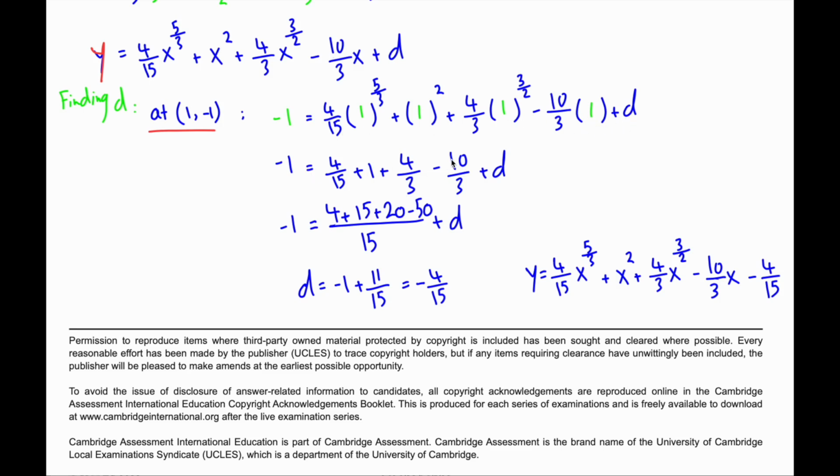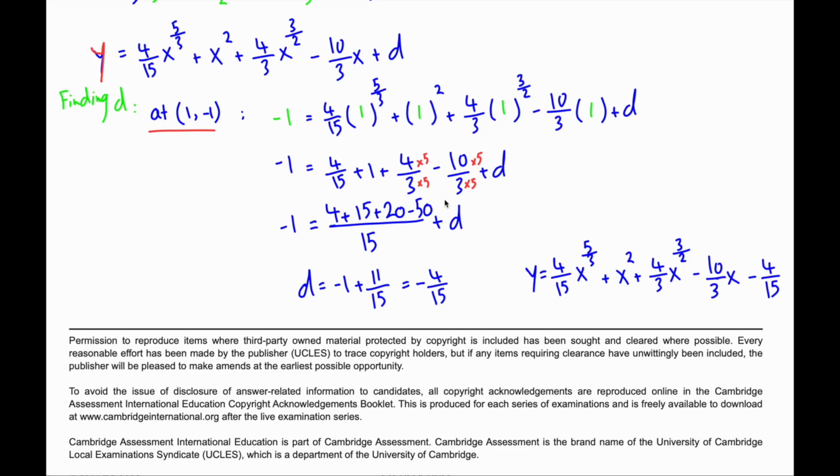Of course, I get these fractions here. I'm just gonna multiply everything by 15 on both sides. Obviously, you get all these fractions here, which you have to get rid of. I'm gonna find a common denominator for all of them, which is 15. Therefore, in the numerator, I get 4 plus 15 plus 20, right? And then also minus 50.